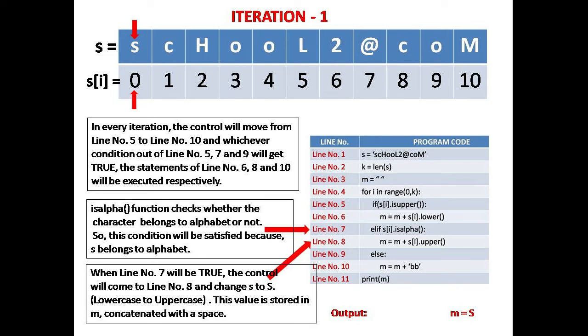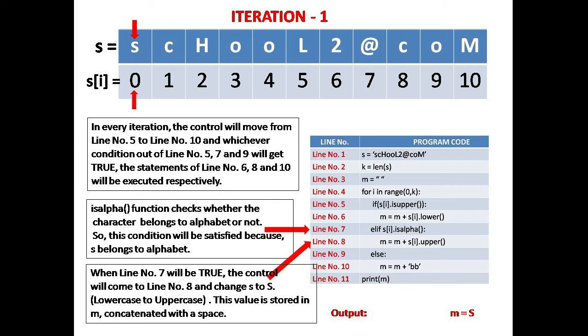And likewise, if these two conditions are not fulfilled, line number 9 will take place and the statement of line number 10 will be evaluated. So s[i] means the first character, because the value of i is 0 in the first iteration and it is small s, and it will go to line number 5, line number 7 or line number 9 as the case may be.